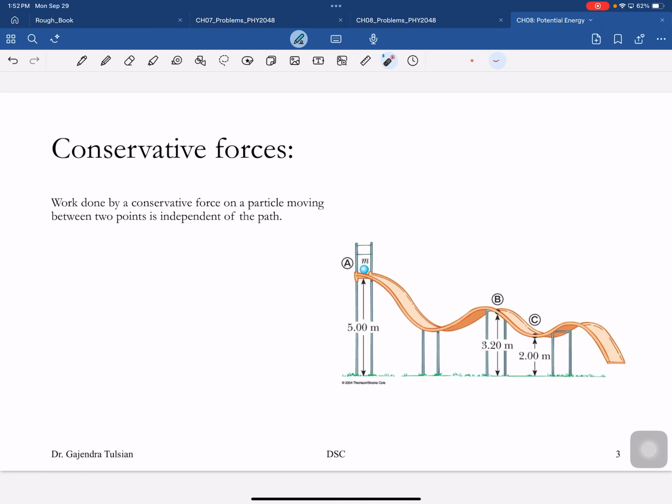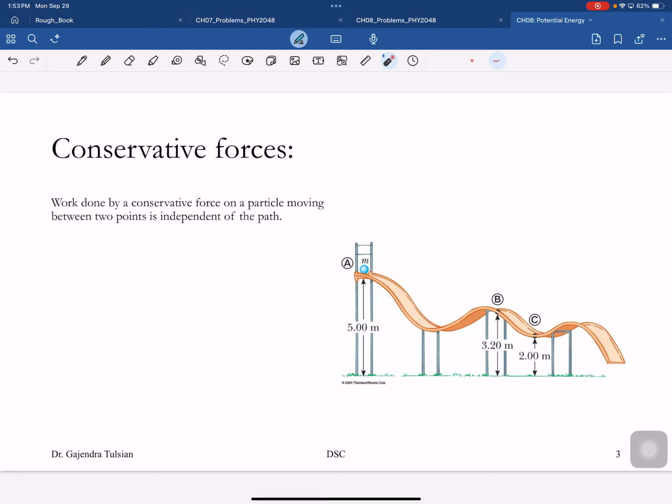So what was the other way of saying conservative force? The work was independent of the path taken. So here's an example of this. Let's say this is a frictionless slide.